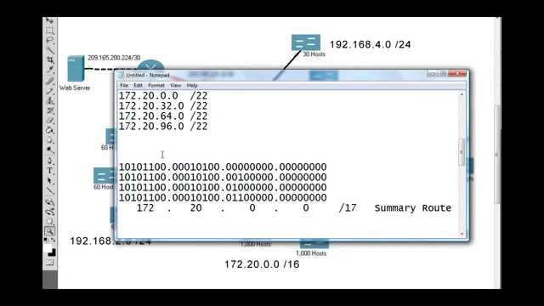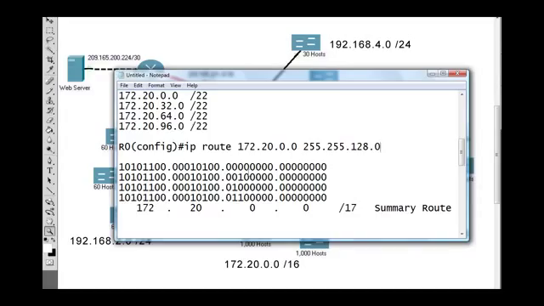And router 0, to reach these 4 networks down here at R2, would have to put this in its configuration. So it would be R0, in global config mode, and it would put a route like this: ip route 172.20.0.0, and then the subnet mask, which in this case, a /17, would be 255.255.128.0.